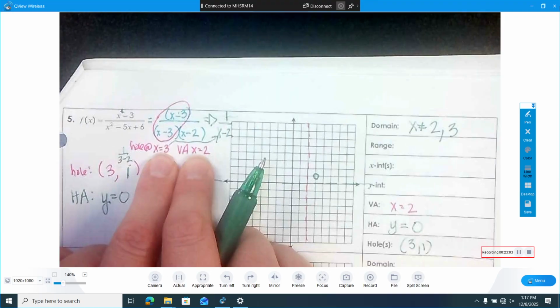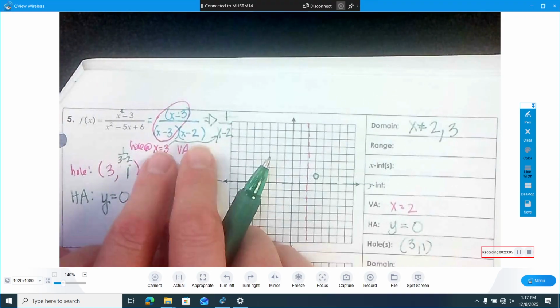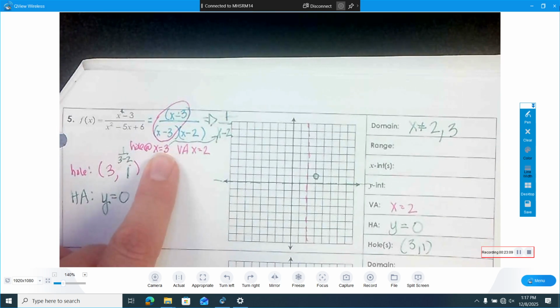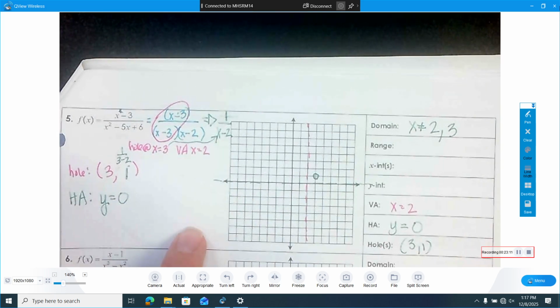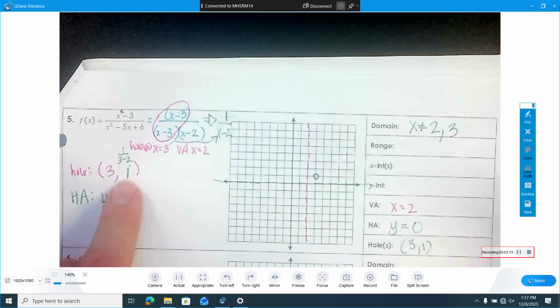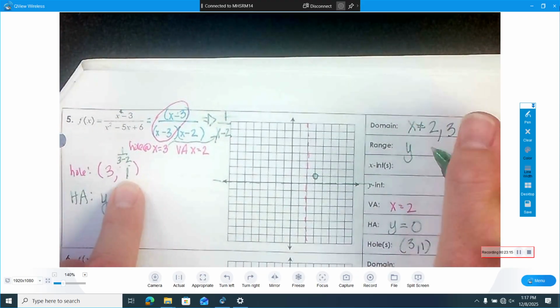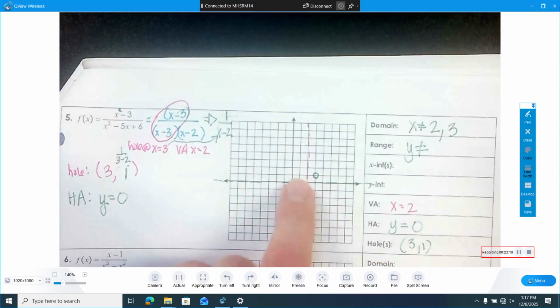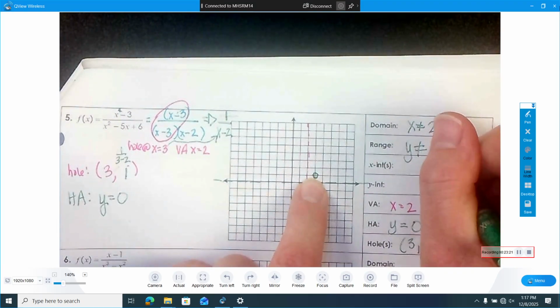Whatever comes from a hole or a vertical asymptote, anything in the denominator, we can't have in our domain. What's not included in our range? y cannot equal 1, because that's where our hole is.